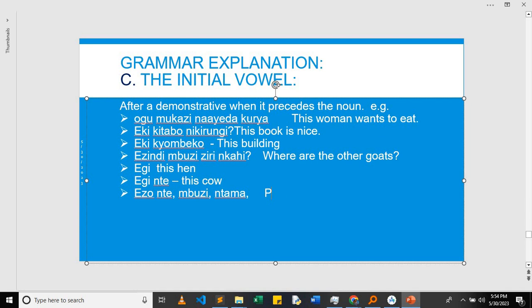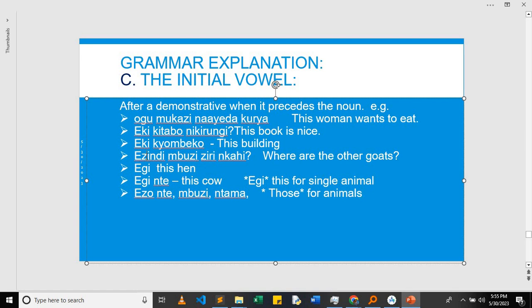This is those for animals. I think you know what I mean. Then EJ is this for animals, for one animal, for a single animal.